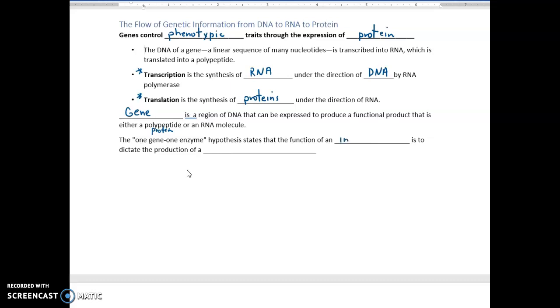So for an individual gene, we get a specific polypeptide. And we have lots of different words for seemingly the same thing. A polypeptide is a chain of amino acids, and it's a protein.